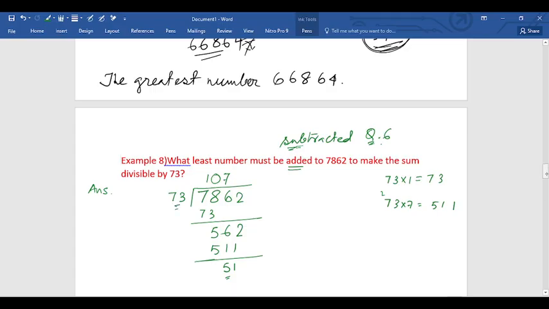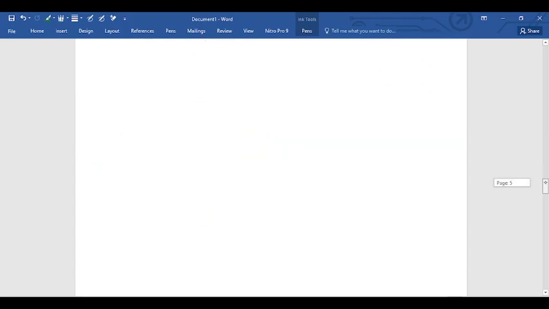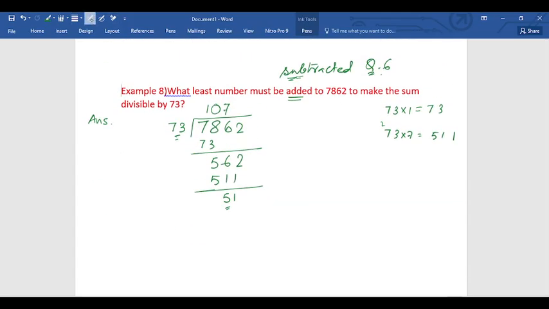If it had been 73 instead of 51, then we could easily divide this without any remainder. Suppose there is 73 instead of 51, then 73 ones are 73, and there is no remainder. But here it is not 73 but 51. To make 51 into 73, how much do you have to add?